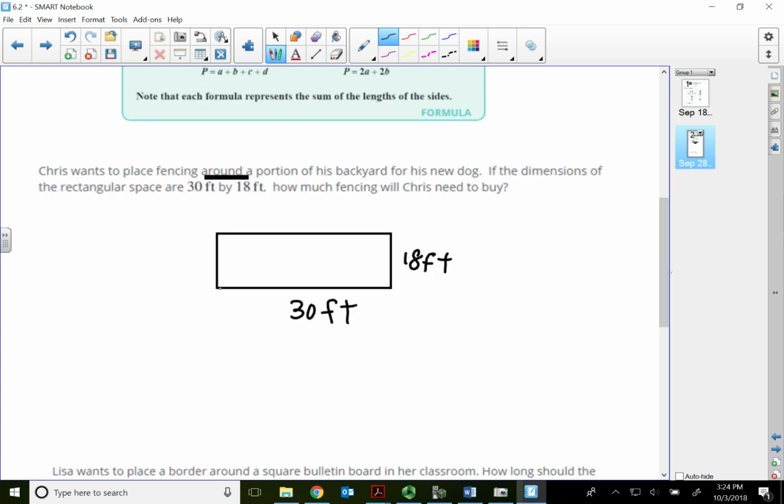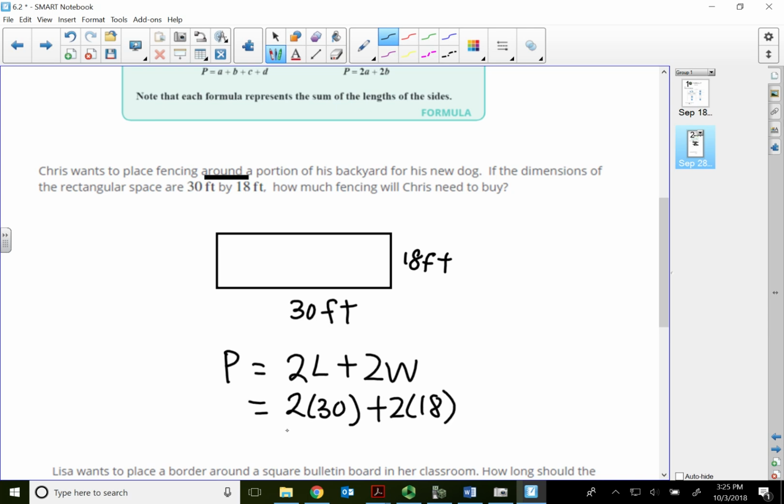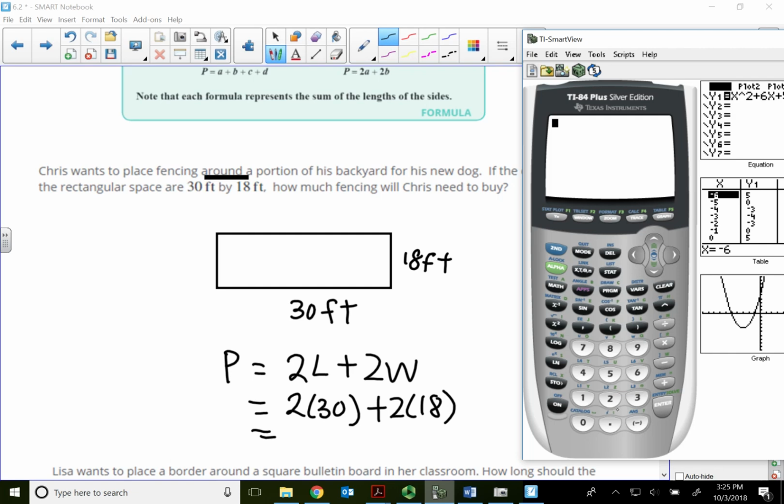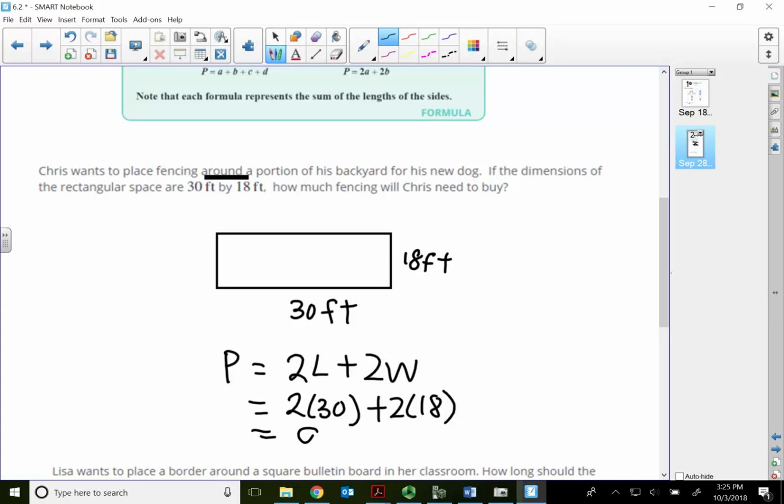That's fencing all the way around, so that's perimeter. The perimeter of a rectangle is 2L plus 2W, so 2 times 30 plus 2 times 18. We can just key it in like that. So I will need 96 feet, about 96 feet of fencing.